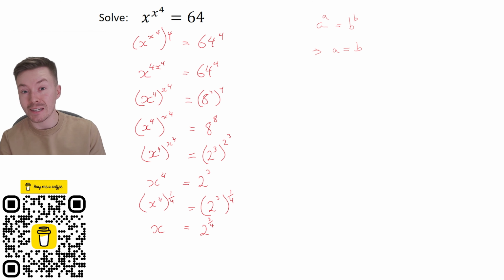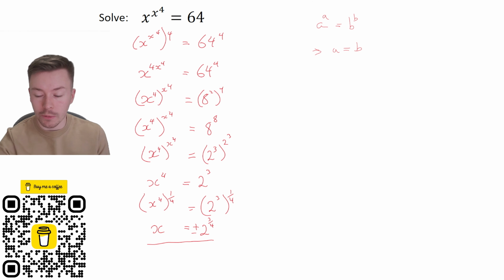If I do an even root, and the 4th root is an even root, I'm going to have a positive or negative answer, because if I was to do the negative and put it to the power of 4, then that would become positive anyway. So actually my final answer is plus or minus 2 to the power of 3 over 4.